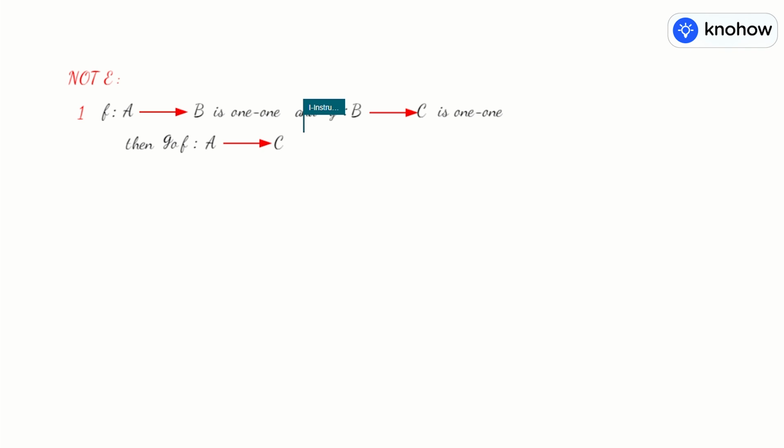I repeat that if we have two 1-1 functions, f from A to B and g from B to C, then the composite function GOF from A to C will also be 1-1.